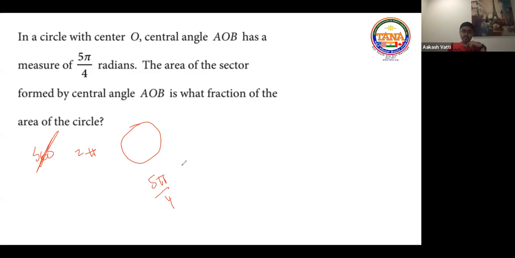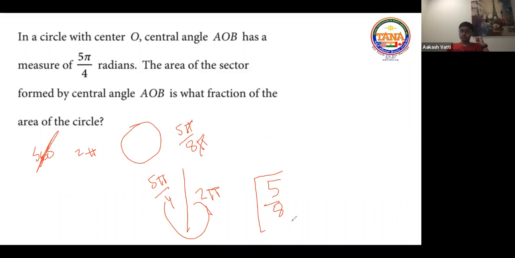Then we could say it's 5 pi over 4 of 2 pi, which when you divide, you multiply the 4 down here, because division over division multiply, you get 5 pi over 8 pi. When you cancel out the pi's, you get 5 over 8, of the entire circle. The answer is 5 over 8. Any questions?